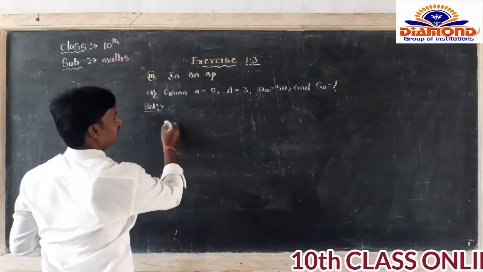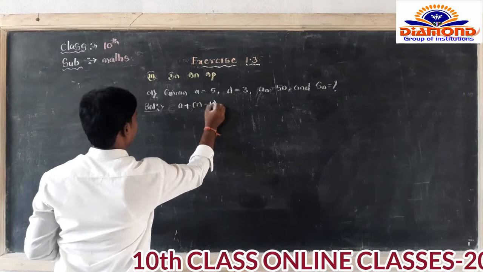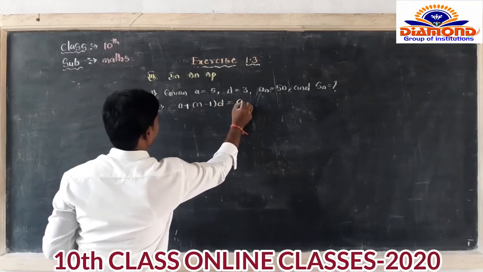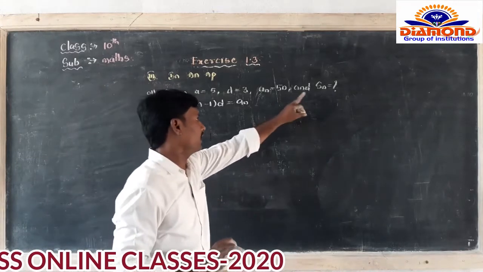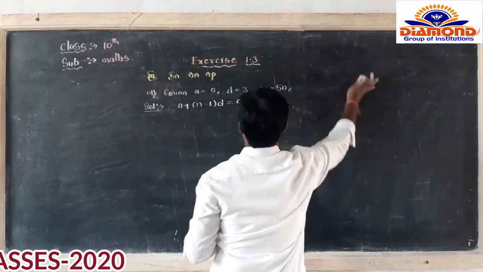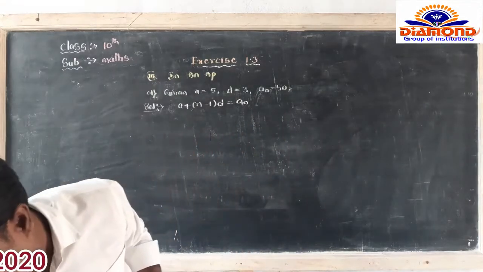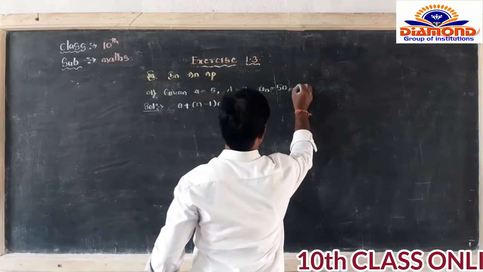Already we know that a is given. That's why I am taking a plus in the bracket n minus 1 bracket close d is equal to an. This formula you should use and find out the n. First find the n, and here an is equal to 50 is there.